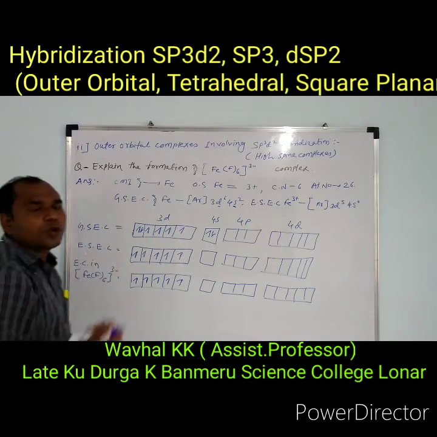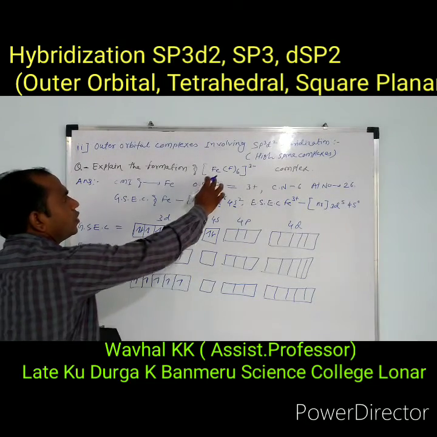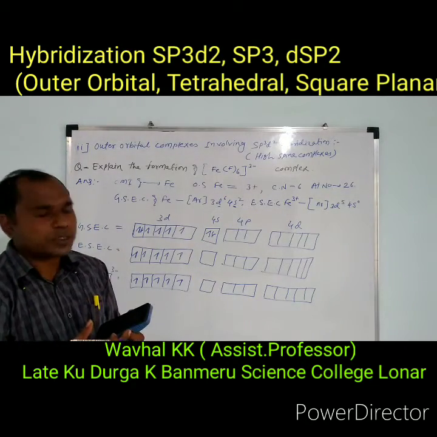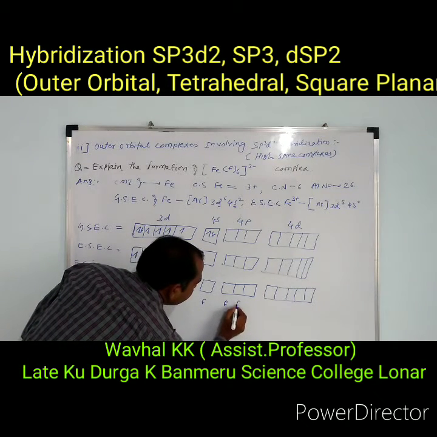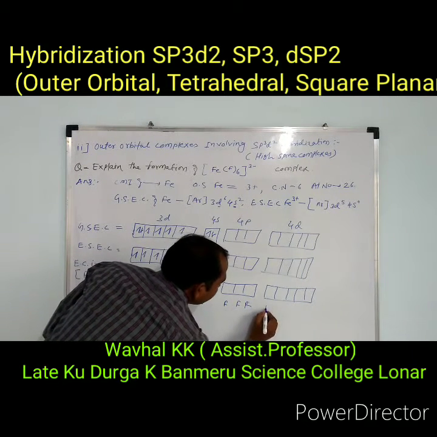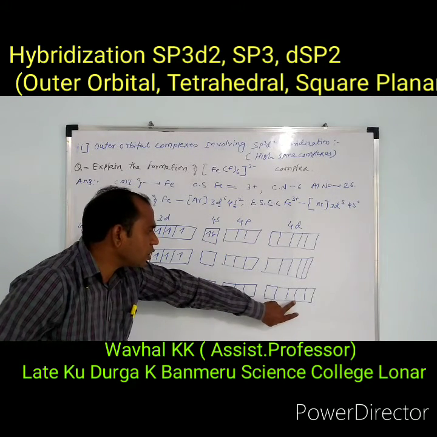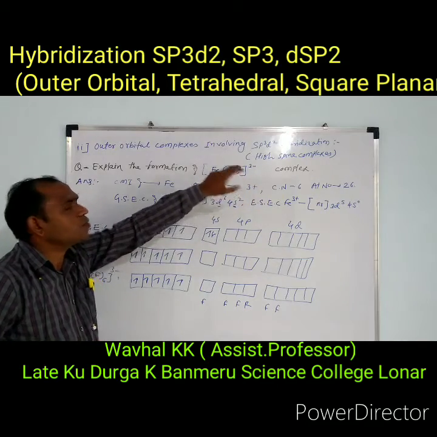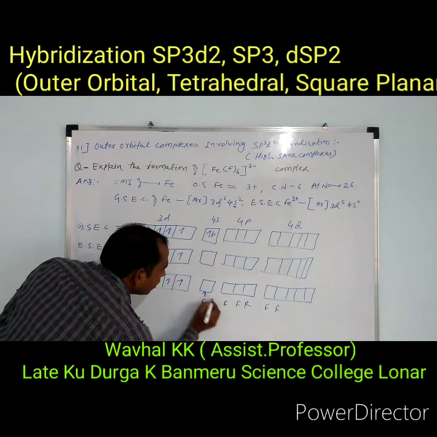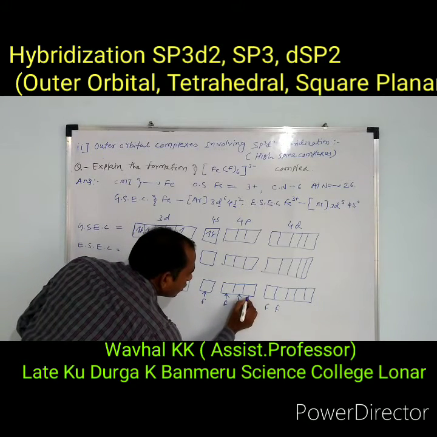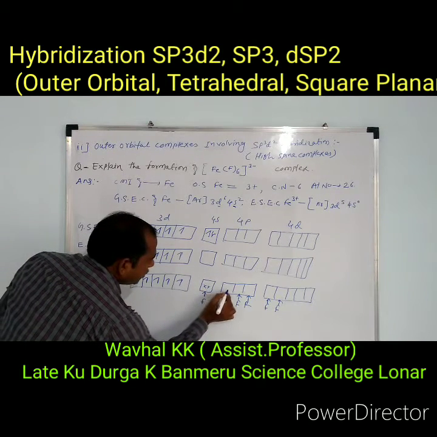The 6 fluorine ligands donate electrons to the vacant orbitals of the ferric ion for bond formation. One fluorine, second, third, fourth, fifth and sixth. Fluorine cannot donate more because the coordination number of Fe is 6. Hence 6 fluorine ligands donate lone pairs of electrons in vacant orbitals in this way.